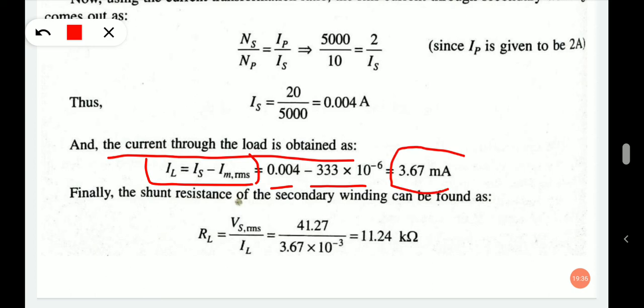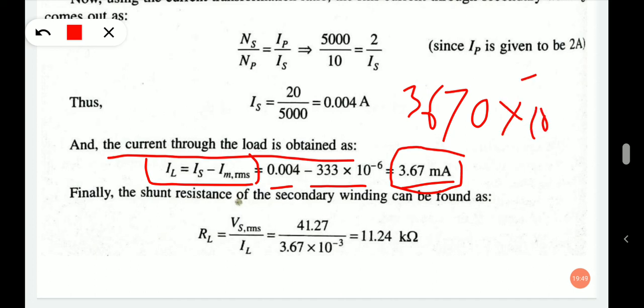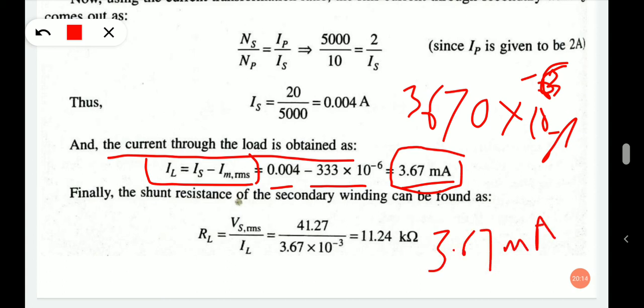If we calculate this, we will get 3670 into 10 raised to minus 6 ampere. So instead of that, here 3.67 milliampere is written.